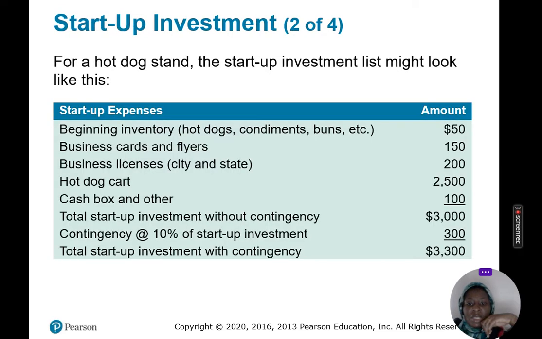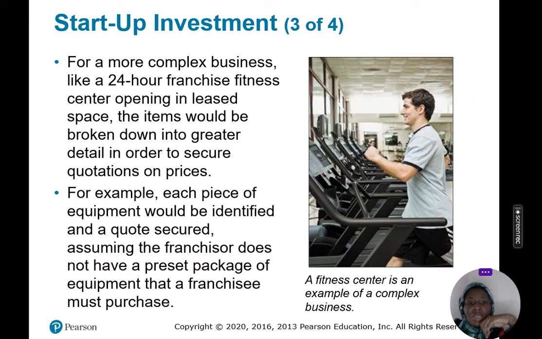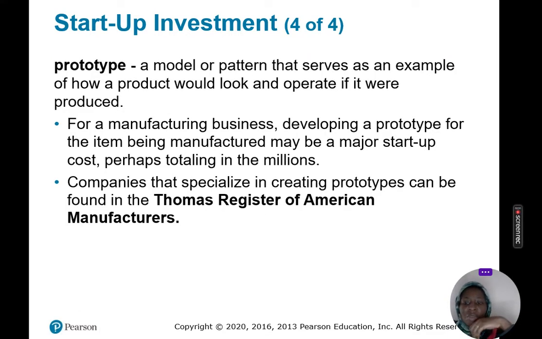It could be in the case of just a small business, like the example of the hot dog stand. It could be in the case of using the franchise method of business, where you have to get the quotation, even though your franchisor is going to provide some of the equipment, all or some. And it could be in the case where you have to come up with a prototype.